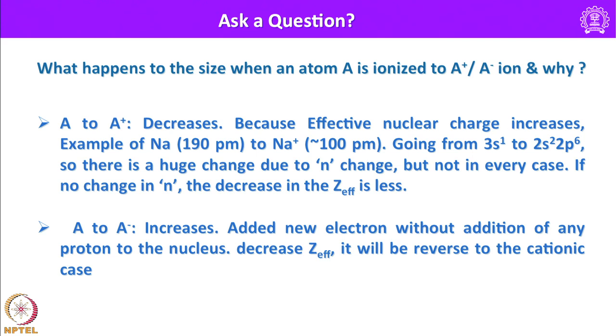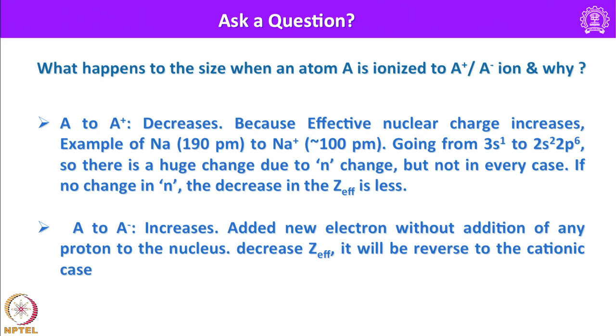For example, sodium atom has 190 picometer as its covalent atomic radius, whereas Na plus has 100 picometer. That indicates the decrease in the atomic radius of sodium to become ionic radius of 100 picometer. So, going from 3s1 to 2s2 2p6 electronic configuration, there is a huge change due to n, but not in every case. If there is no change in n, the decrease in Z effective is always less.